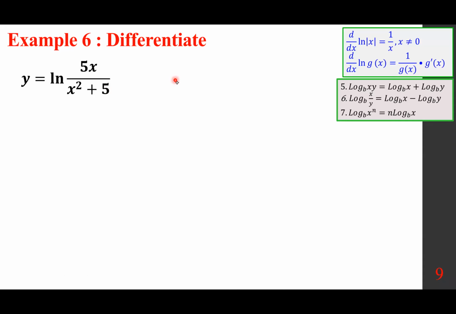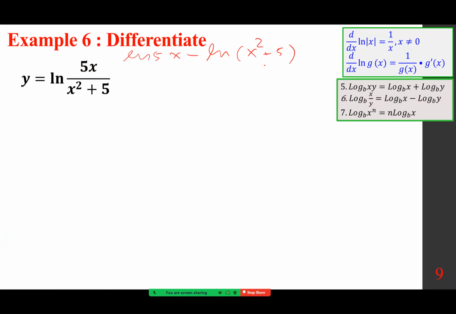Logarithmic properties. We use the quotient rule, ln of the top minus ln of the bottom.